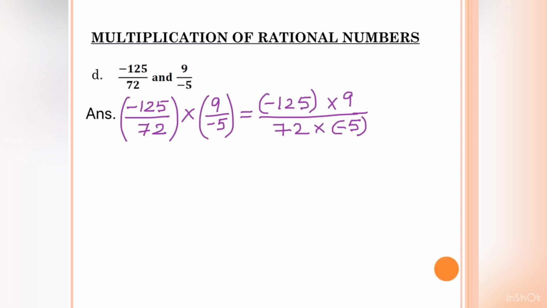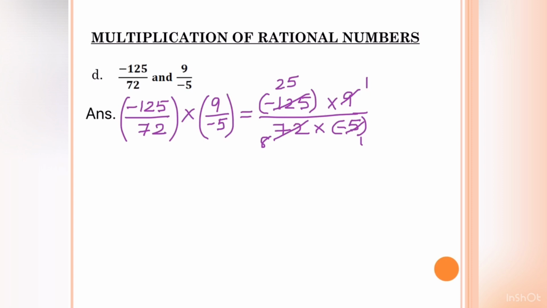In this expression, 125 and 5 have 5 as a common factor. So let's cancel it. 5 times 25 gives 125. 5 times 1 gives 5. And also 9 and 72 have 9 as a common factor. So let's cancel it. 9 times 1 gives 9. 9 times 8 gives 72.